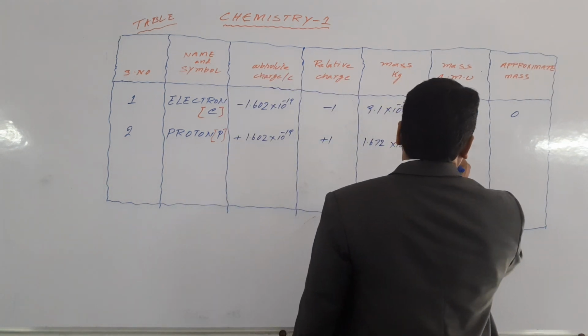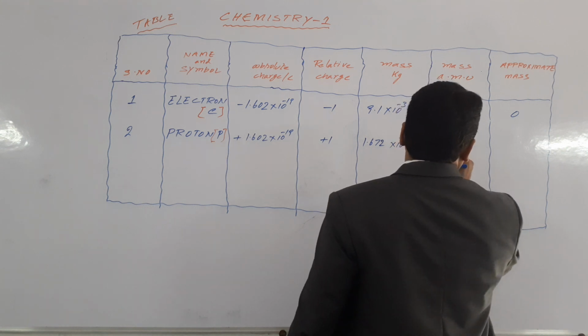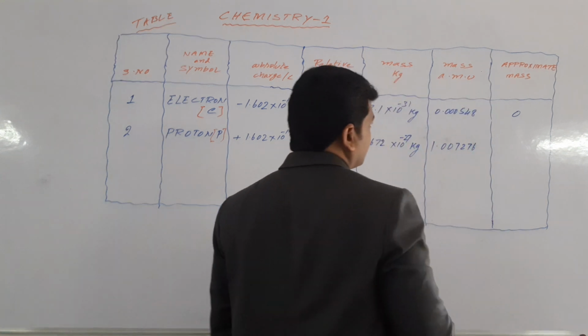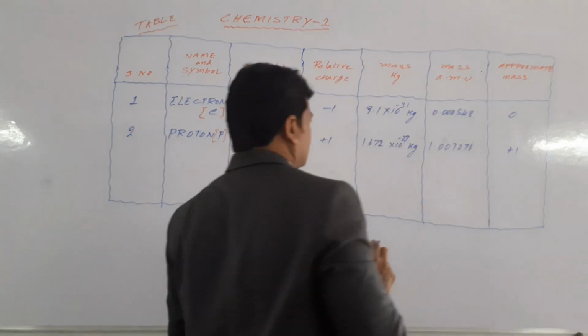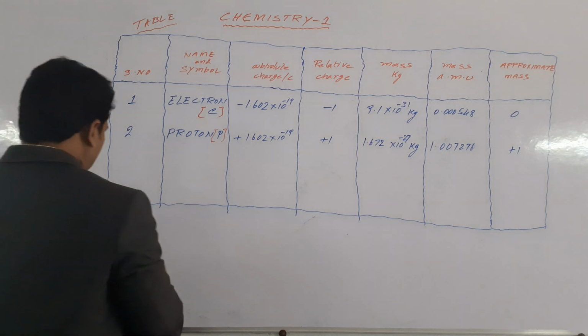Its mass in atomic mass units is 1.007276 AMU. Approximate mass is nothing but plus 1.